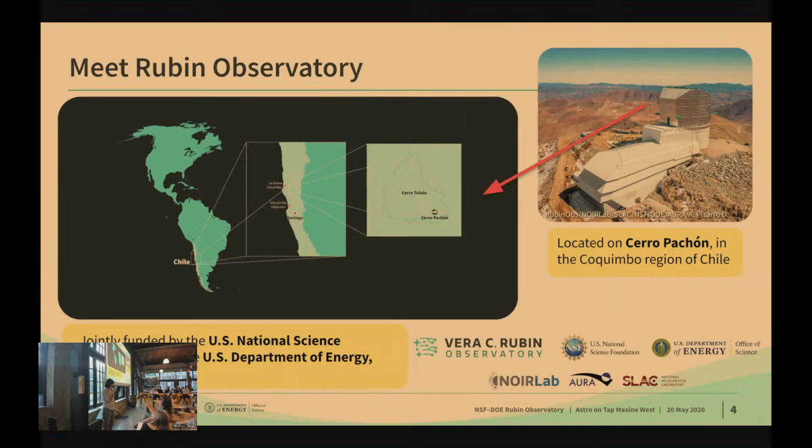Okay, so what is the Vera C. Rubin Observatory? It's a brand new construction finished last year, and the first images, which we'll show a little later in the talk, were released last year. It's located in Chile in the Atacama Desert, in the north central part of Chile, a high desert between two mountain ranges that is very good for astronomical observations because it's very high and dry.